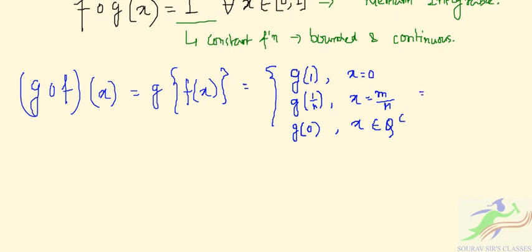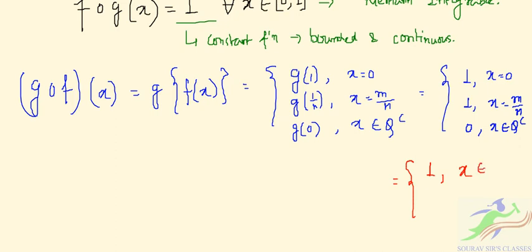Now what will be the value for g? So it is 1 at x equal to 0, g of 1 is 1, g of 1 by n is 1 for x equal to any rational number, x equal to m by n, and it is 0 for x belonging to the set of irrational numbers, or Q complement. So we can simplify it in this way: this is 1 when x belongs to the set Q, and it is 0 when x belongs to the set Q complement.